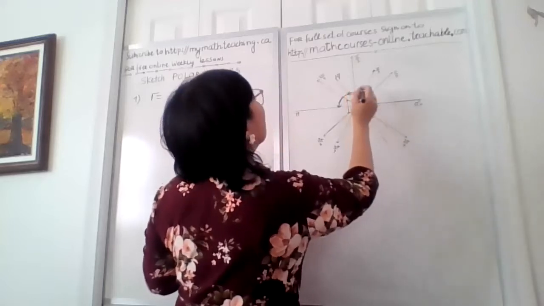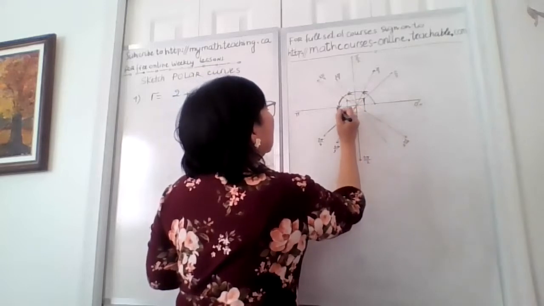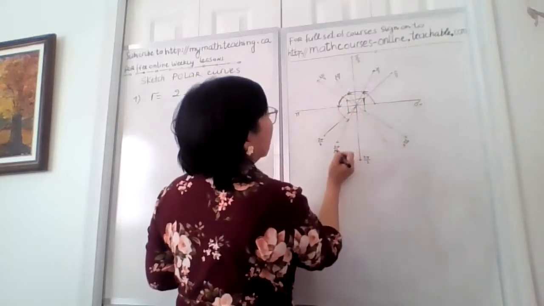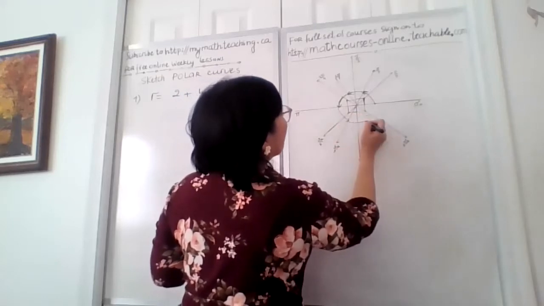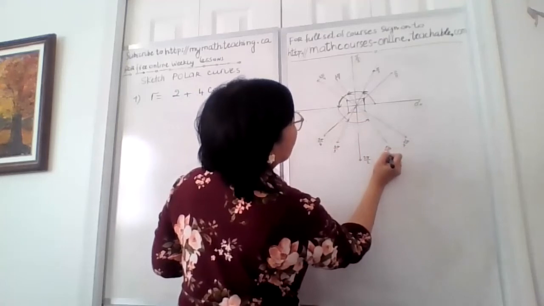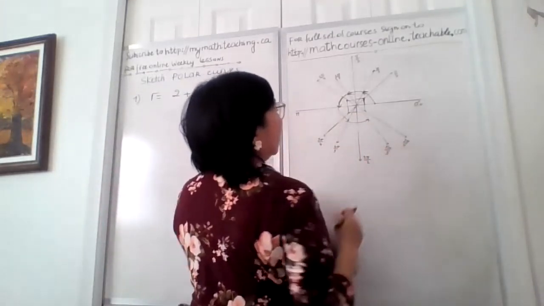So this is 2 pi over 3, 3 pi over 3. This one will be 4 pi over 3. And this will be 5 pi over 3, right? So that's the 5 pi over 3.